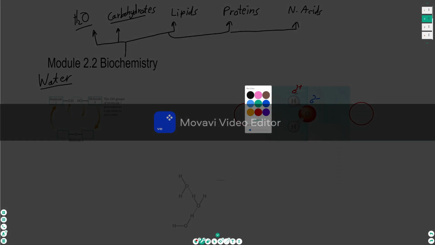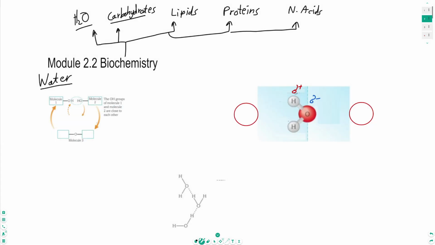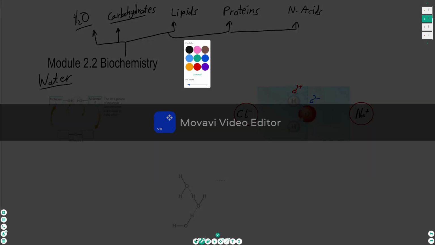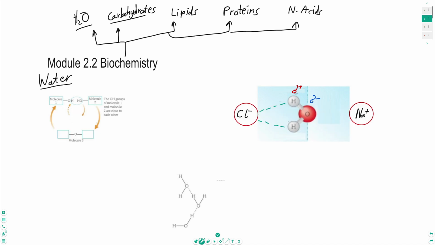So, if we put this water molecule into solution with a solute, let's say with NaCl, what will happen is these hydrogens, because they're delta plus, could be slightly attracted to the Cl minus ion down here. And this oxygen, because it's delta minus, is going to be slightly attracted to the Na plus over here.